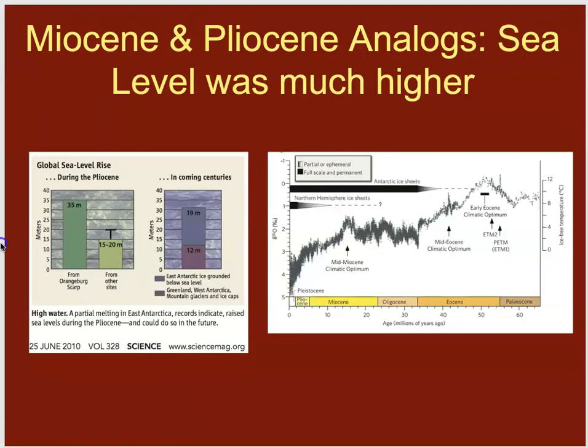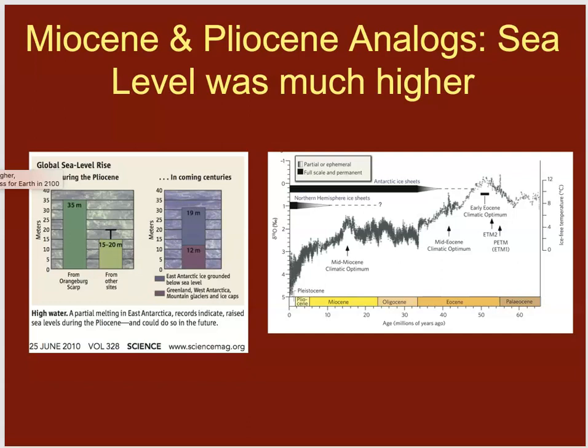So if you look at the graph on the right, the time scale is reversed. The older period, 60 million years ago, is on the far right, and the present is on the left on the x-axis. So you're getting temperature or warmth on the y-axis as indicated by isotopes.